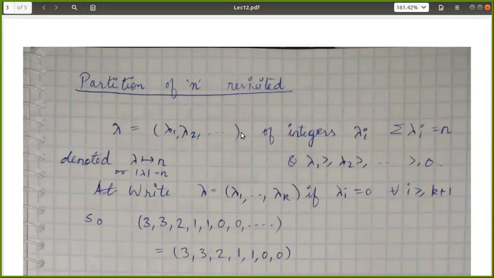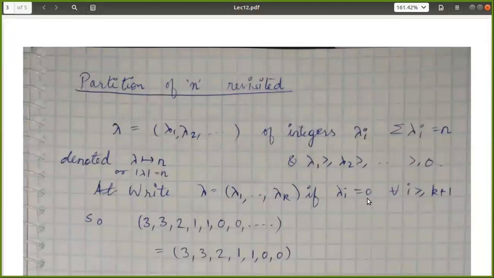The smaller the denominations you use to write your number n, the larger the number of blocks it will occupy here, correct? Yes, ma'am. So certainly lambda of n plus 1 is 0. Right?